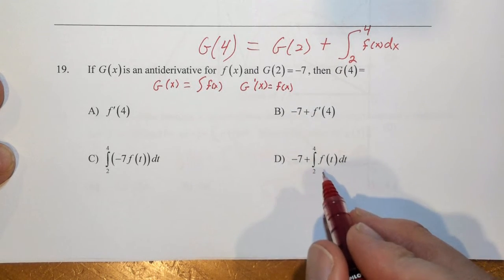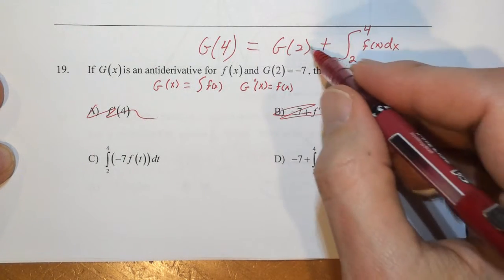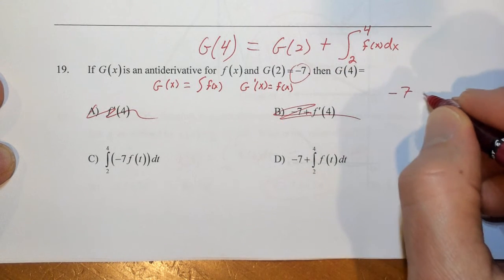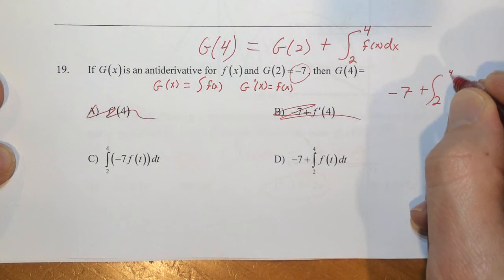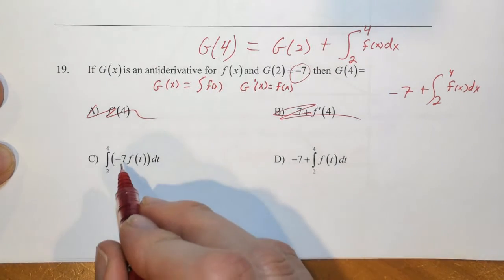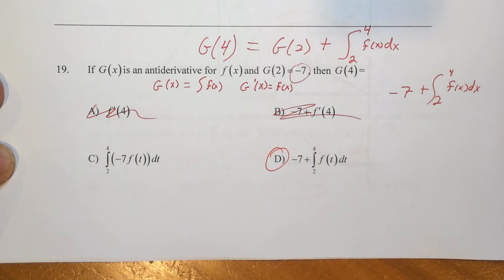Or, well, they use t. So we know that those are out. And then we just need to add to that G of 2. G of 2 is negative 7. So we want negative 7 plus the integral from 2 to 4 of f of x dx. So our answer is D. And again, it doesn't matter t, x. That's the general idea.